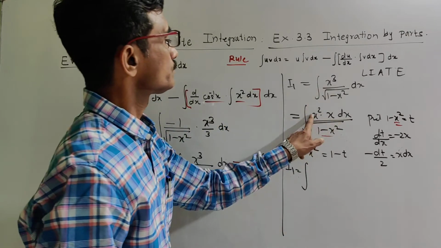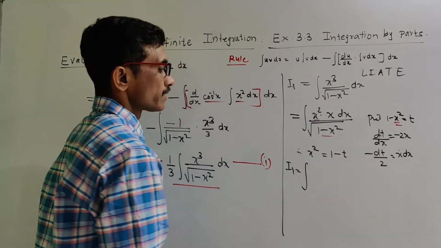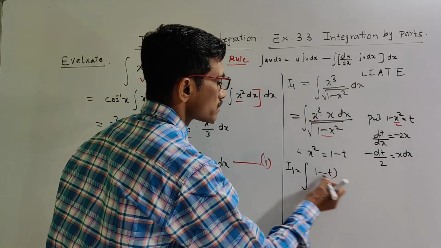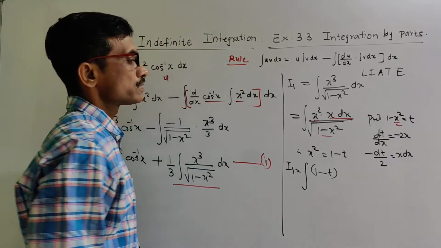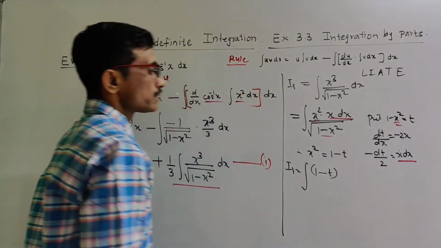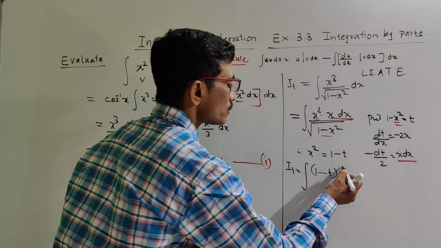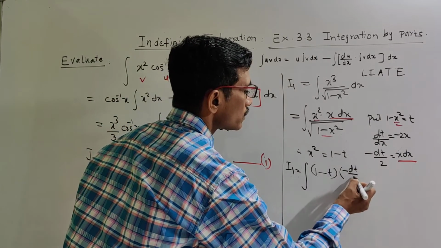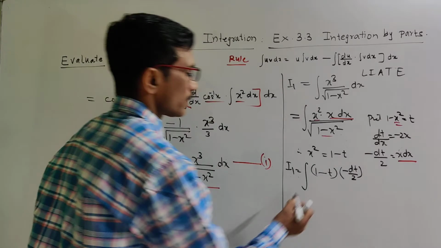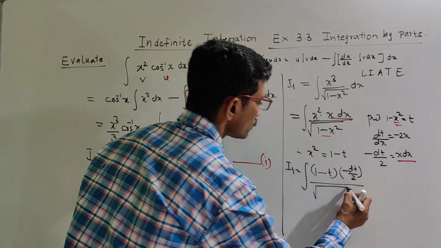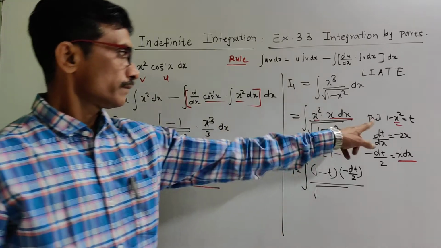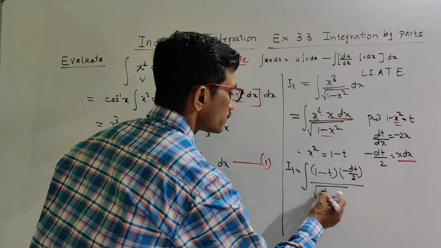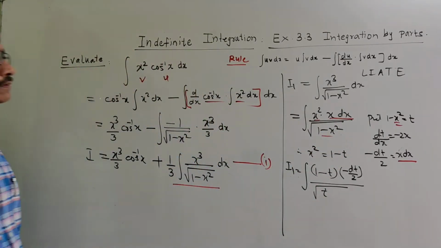So our I1 integral will be equal to x square, that is 1 minus t, and this x dx is equal to minus dt upon 2, and upon root of 1 minus x square, we put t, so it is root of t. We separate it.